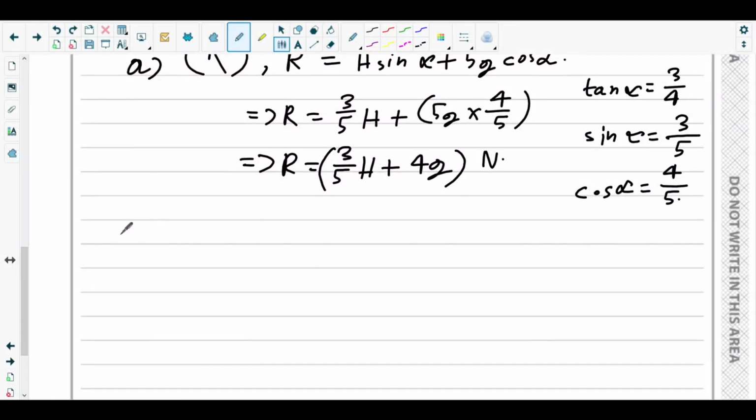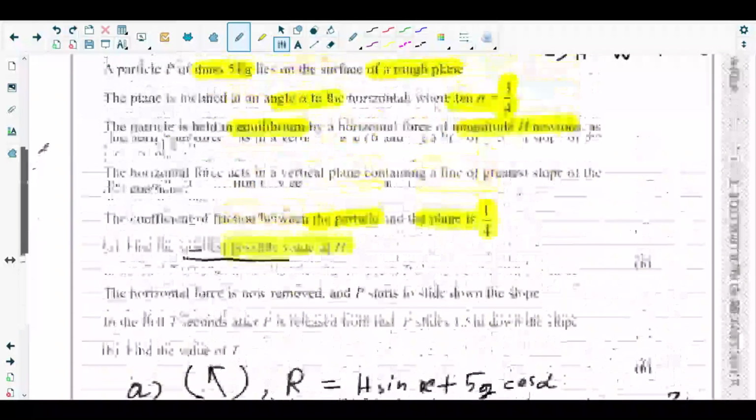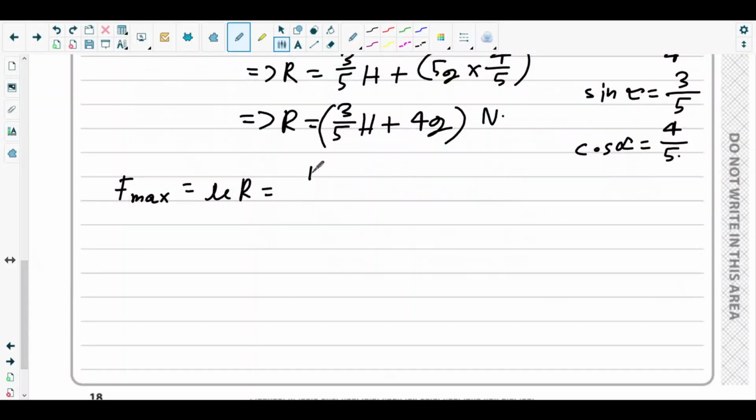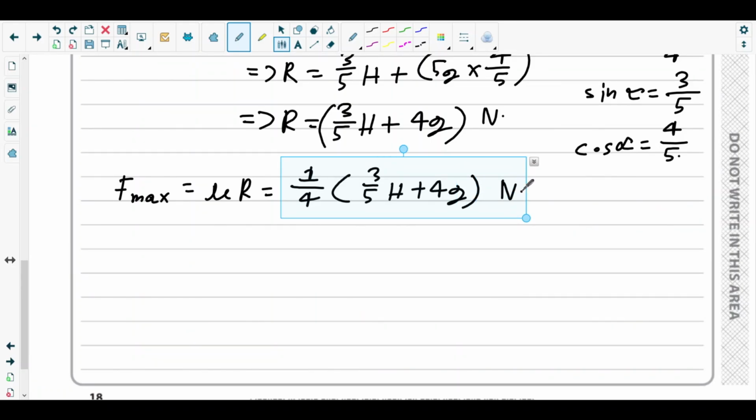So let's find out the maximum friction. Since limiting equilibrium, we need F max equals mu R. The value for mu is given, 1 over 4. So 1 over 4 times 3 over 5 h plus 4g, that much Newton.